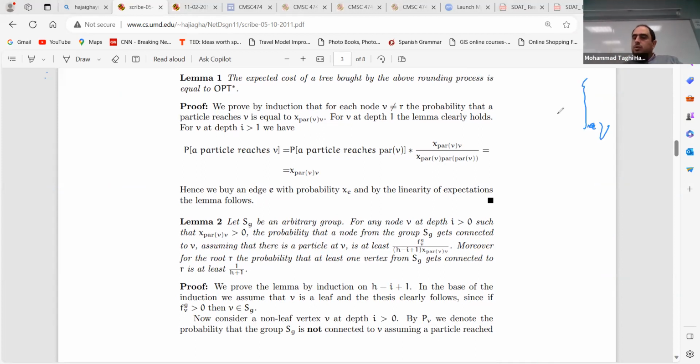So from the root, the length of the path is i, so it is at depth i. And depth is from the top, height from the bottom. So if this is the vertex V, such that X_V is non-zero, the probability that a node from a group S_g gets connected to V, assuming that there is a particle at V, is as follows.